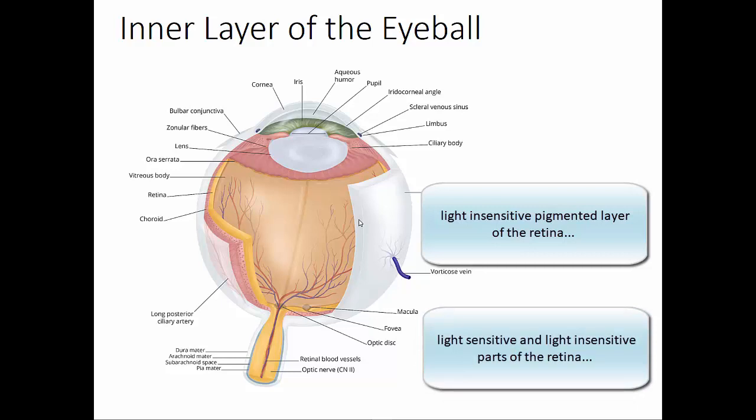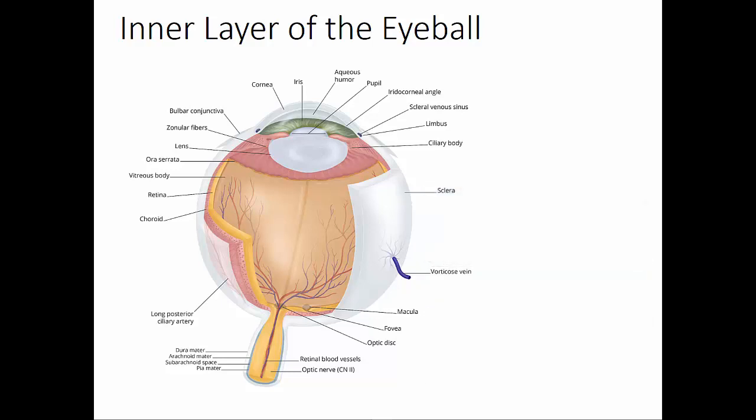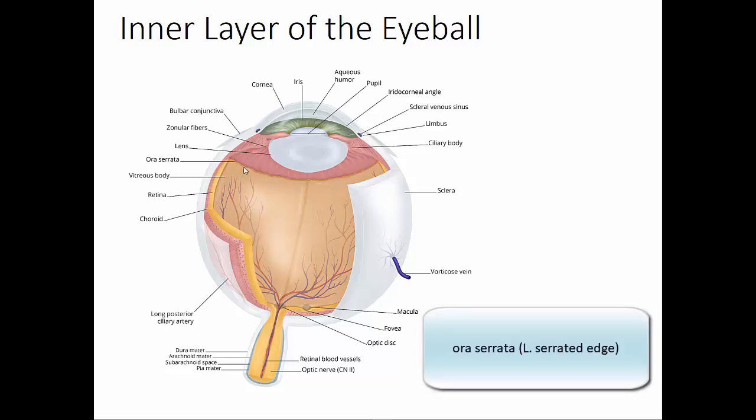So the neuronal layer is actually the one that's light sensitive, and the pigmented layer consists of just a single layer of cells that will help reinforce the light absorbing property of the choroid by reducing the scattering of light throughout the eyeball. The visual retina transitions to the non-visual retina at the so-called ora serrata, which means the serrated edge.